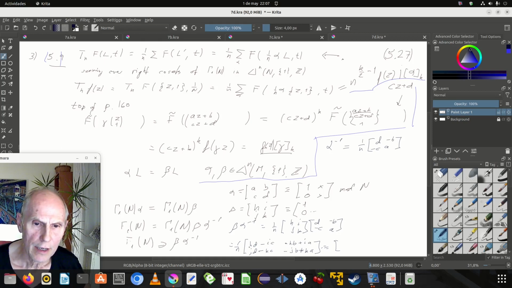So h is equivalent to 1, d is actually equivalent to n, because the determinant is minuscule n. That's times I is whatever, but c is equivalent to naught.